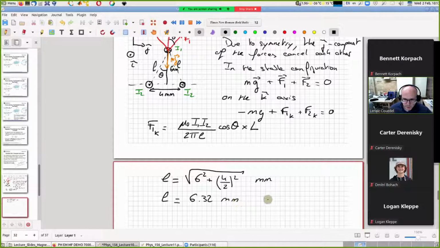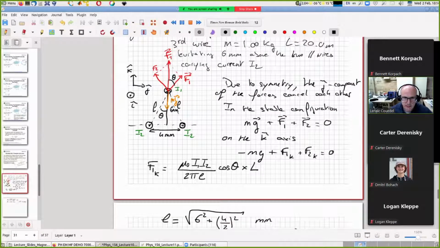And just for information, l squared is exactly equal to 40 square millimeter. Makes sense for everyone? All right, so now we have everything we need to continue the problem.